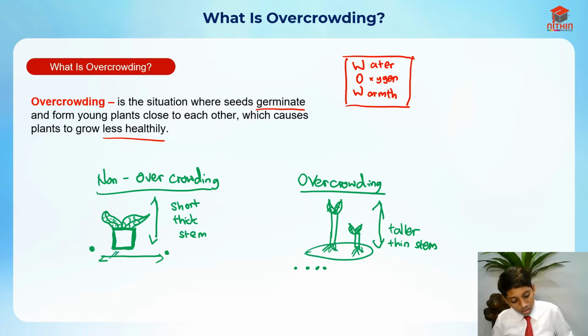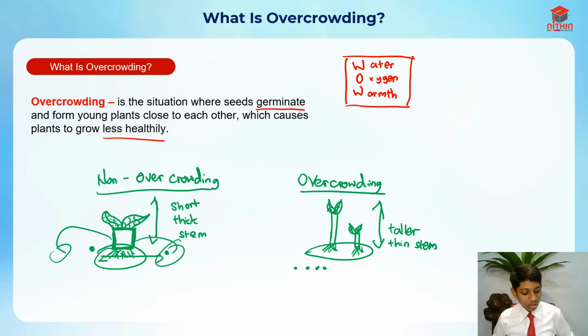The non-overcrowded plant does not need to compete for water and mineral salts because they are spaced really far apart and get watered every day. Since the overcrowded plants are spaced very close to each other, they are watered near the same area, and thus they have to compete for water and mineral salts. That's why the non-overcrowded plant is healthier.